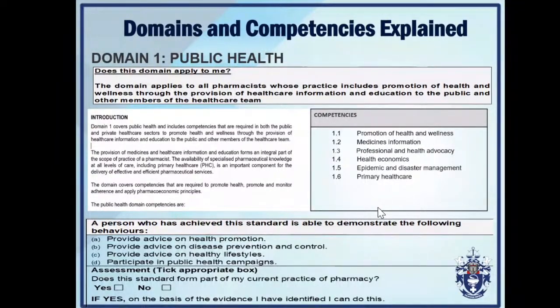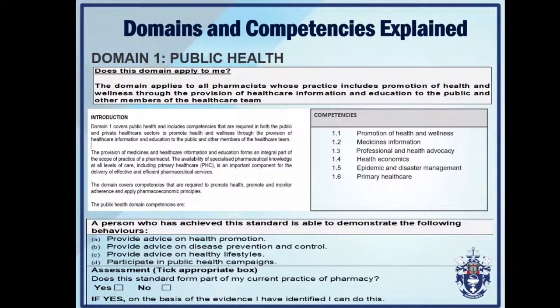So we will just go through this one domain. It's the public health domain, which is domain number 1. This domain applies to all the pharmacists whose practice includes promotion of health and wellness through the provision of health information and education to the public and other members of the healthcare team.